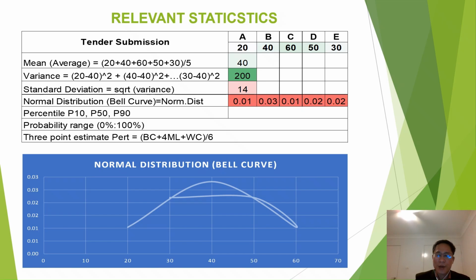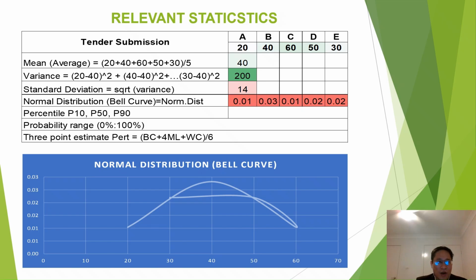For example, if we say the cost of 10 million is P50, that means 50% of the projects will be completed with 10 million, and so on. And for probability range, that means the chance of an event happening. So the percentage will be from 0% to 100%.